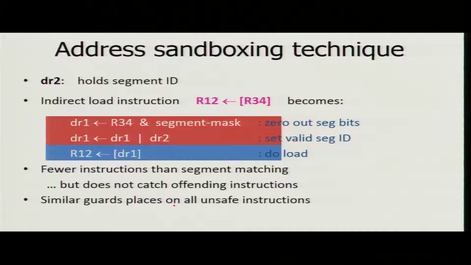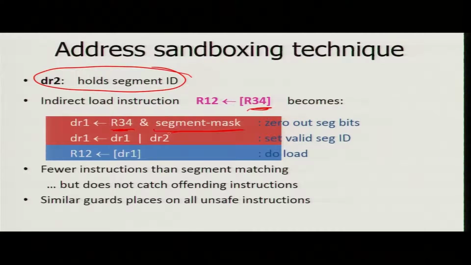So, in the address sandboxing technique, we want to reduce the overhead somewhat. What you do is you have a segment ID, and you take the address that you are trying to load from and apply a segment mask, because you have your own segment, and then match it against the segment ID.